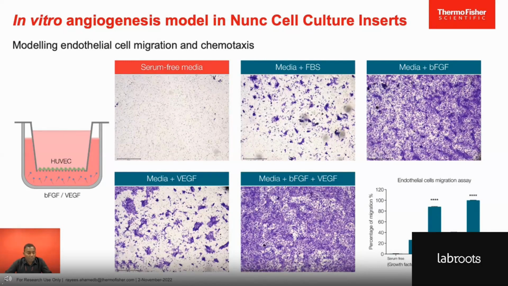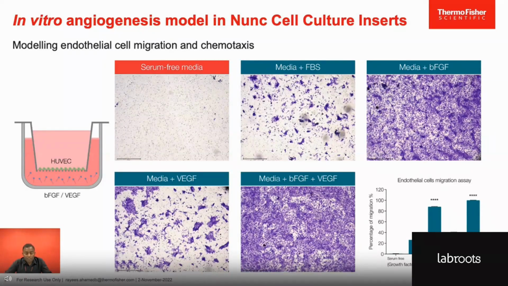So at first, to model the endothelial cell migration, we have used HUVEC cells seeded at the top of the insert, and in the bottom well we have seeded well-known angiogenic factors such as bFGF and VEGF containing media. When these conditions are established, HUVEC cells in response to bFGF and VEGF actively migrated from top of the insert to the bottom of the insert.